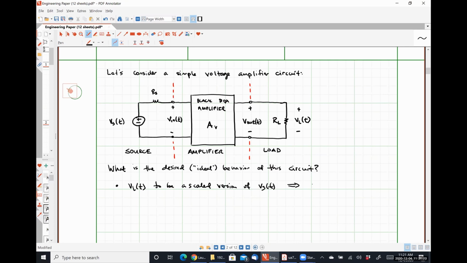So we want VL of t to be equal to A times Vs of t. That's the ideal case, okay? In reality, it's probably not going to work exactly like that. And we'll talk about exactly why that is, okay?